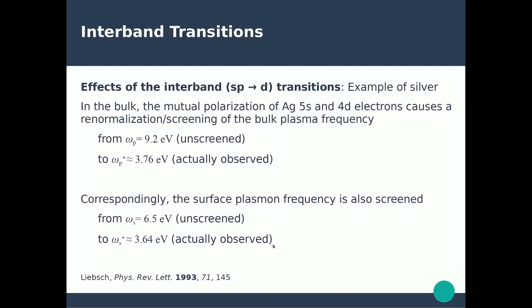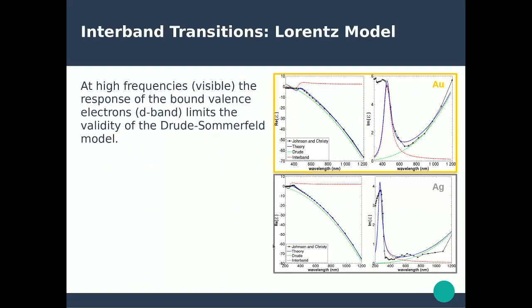So to finish this video looking at the interband transitions, if you actually want to include the interband transitions into the dielectric permittivity and account for that, you can do it via the Lorentz model. As I just said, at high frequency, typically in the visible to UV range, the response of the bound valence electrons, or the electrons from the d band, is limiting the validity of the Drude-Sommerfeld model, which is accounting only for the conduction electrons.